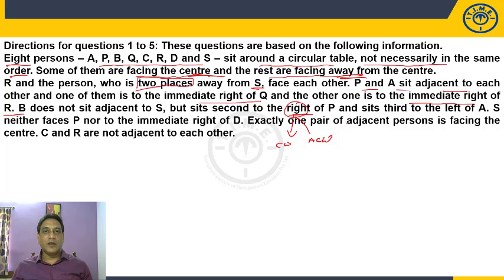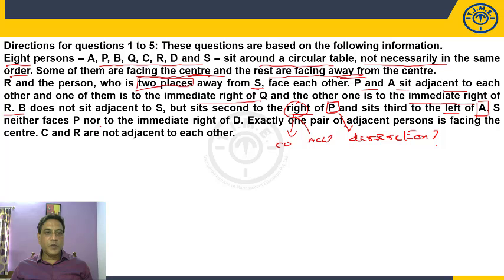That clarity is not there. So without knowing which direction P is facing, we will not be able to know whether the right is the clockwise or anti-clockwise direction. So we should know the direction. And sits third to the left of A. Again, left of A also we will not know unless we know the direction.